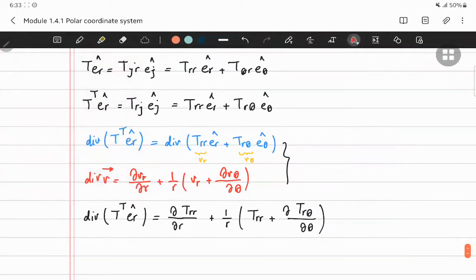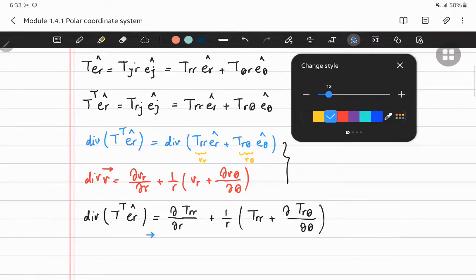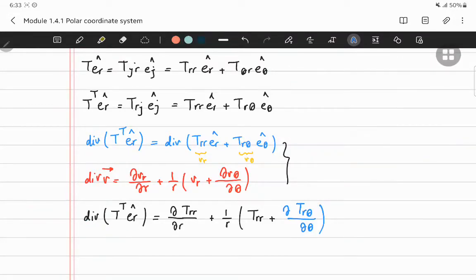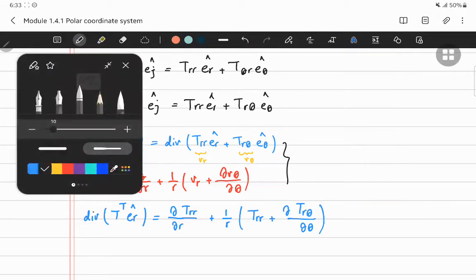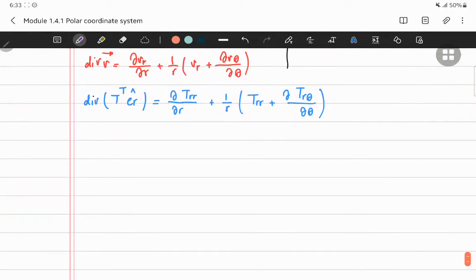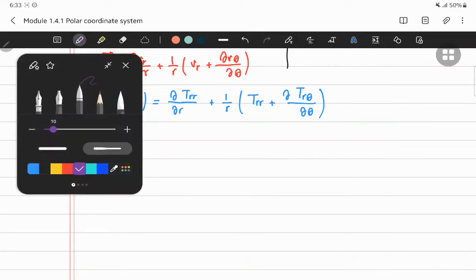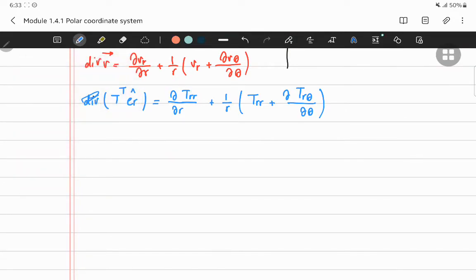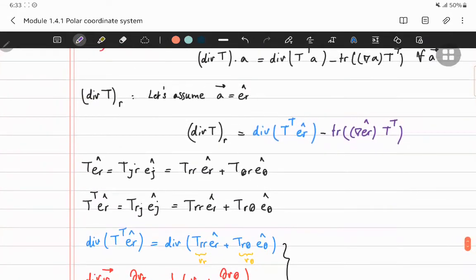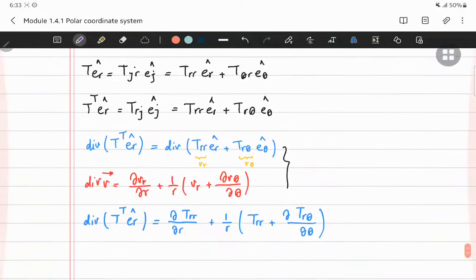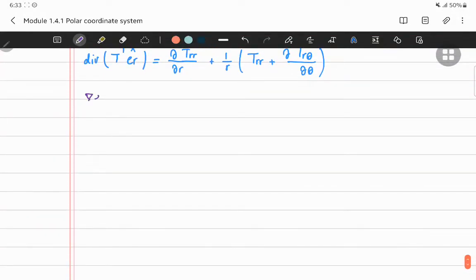Maybe I need to just change its color. All right. Next, let's go to this purple one. So here we have del e_r.